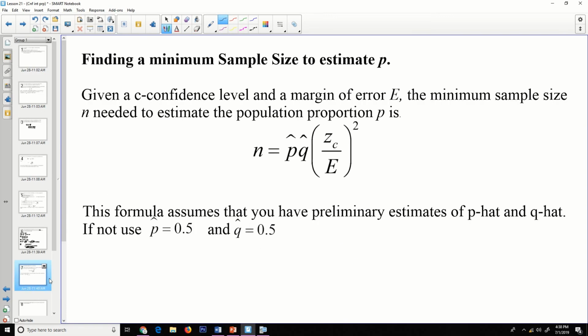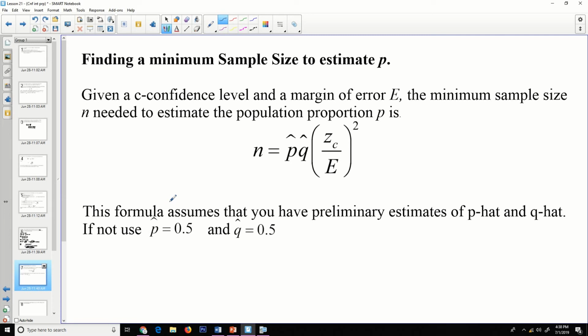Okay, so next, finding the minimum sample size to estimate P. Given a C confidence interval and a margin of error E, the minimum sample size that you need to estimate the population proportion P is N equal to the point estimate for proportion times the complement of that times the z-score divided by the margin of error, all squared.